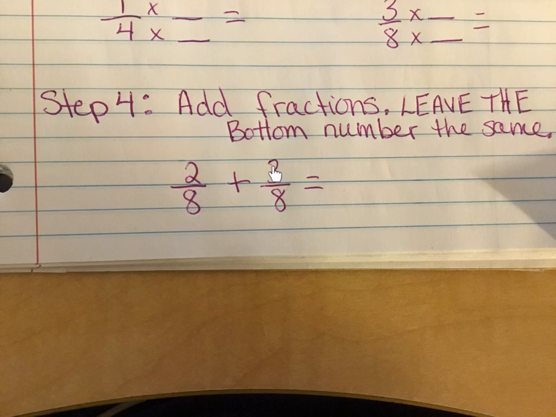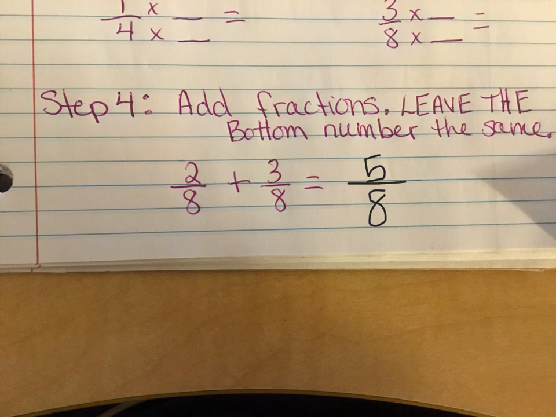In this fraction, we have 3 out of the 8. So we're going to put these pieces together to see what we have. We go ahead and add. 2 plus 3, remember plus, not times, and then we leave that bottom number the same. That's how we add the fractions.